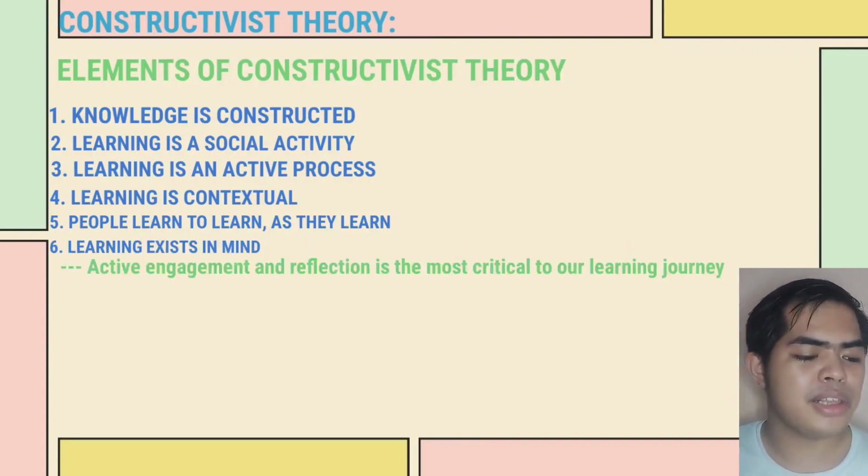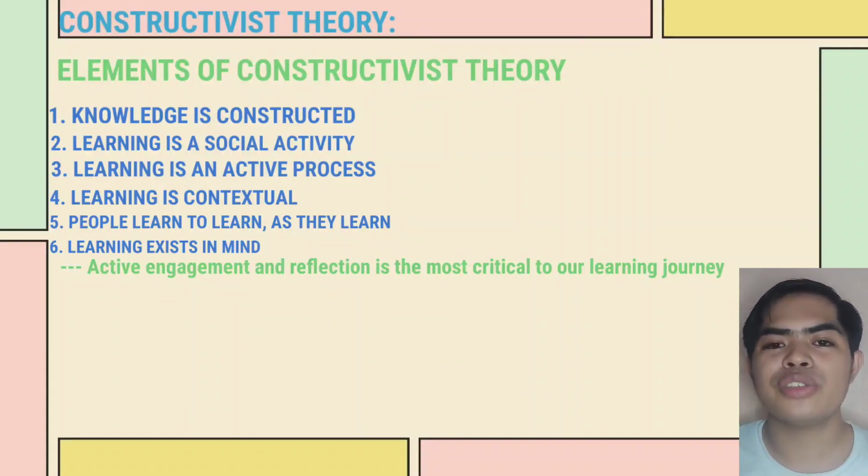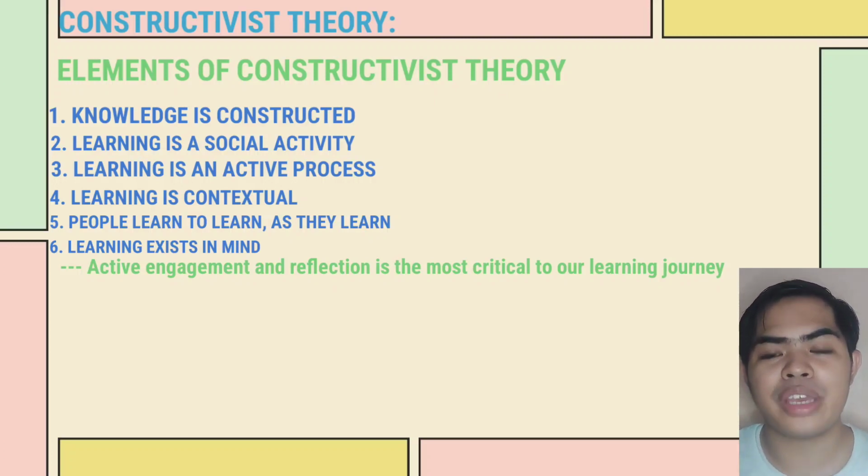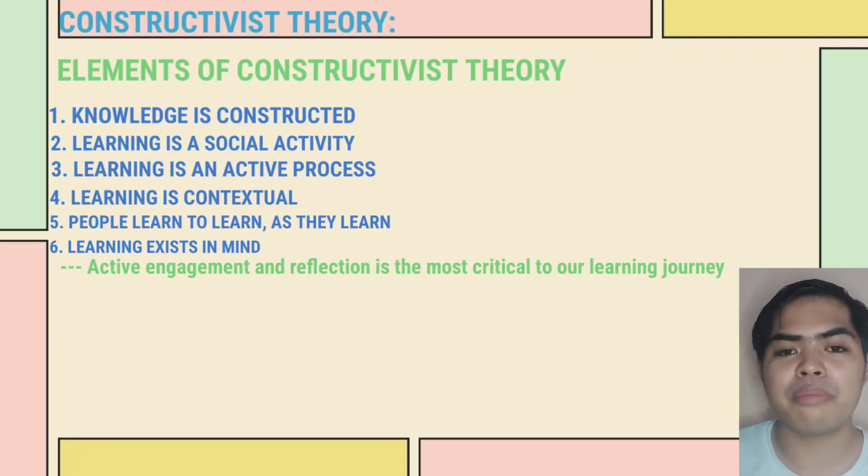So next is learning exists in minds. Sometimes there are biases in our minds. There is knowledge that we don't want to adopt because it is against our faith, our belief.